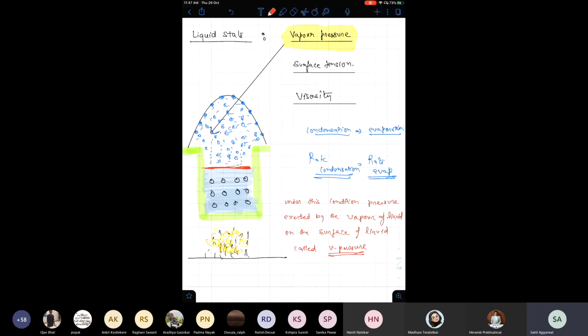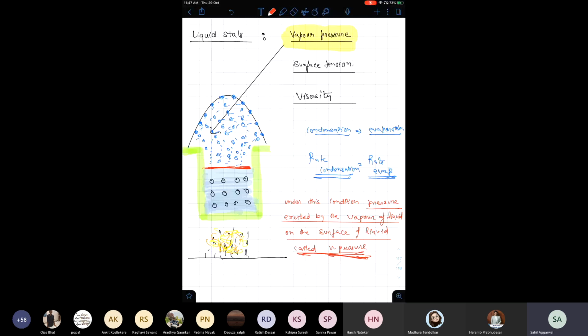Okay. Pressure exerted by the vapors of the liquid on the surface of the liquid is called vapor pressure. But important is when condensation and evaporation are in equilibrium.